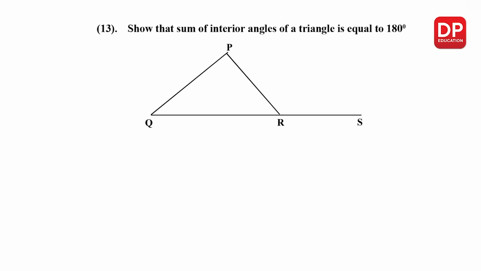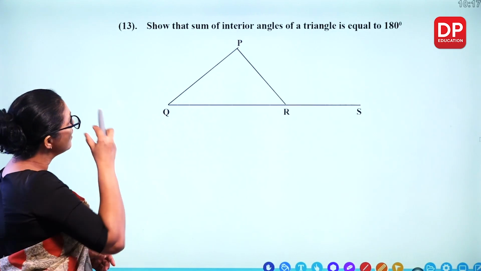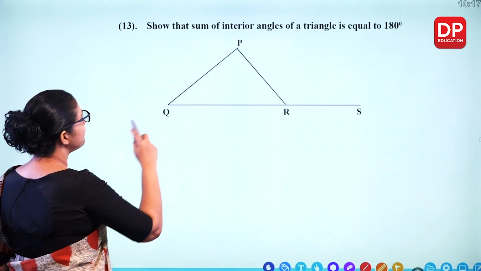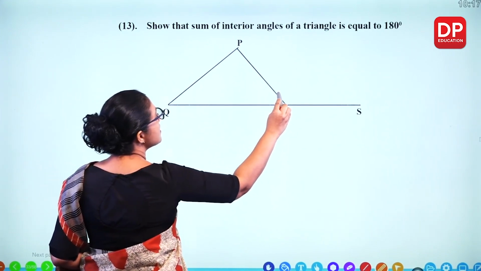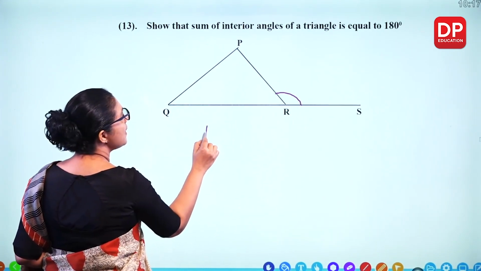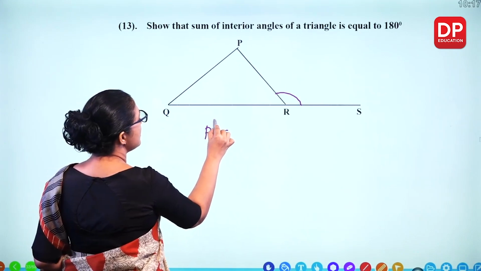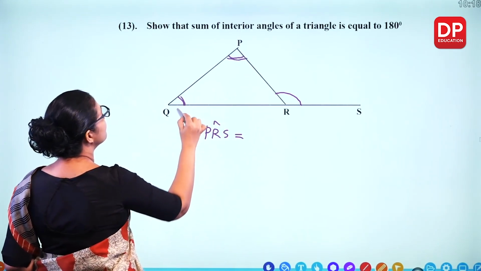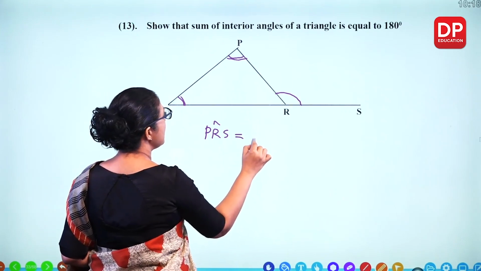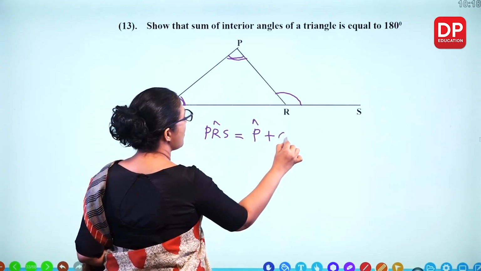Show that the sum of interior angles of a triangle is equal to 180. So we'll take the property of the exterior angle. PRS is equal to these two, P angle plus Q angle.